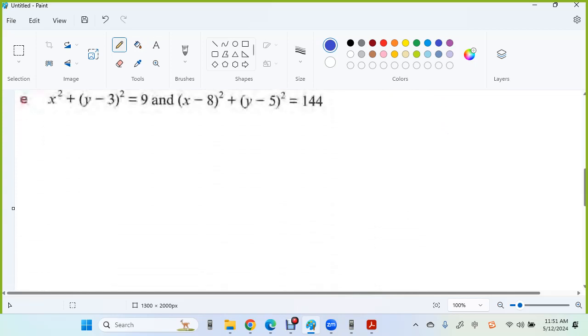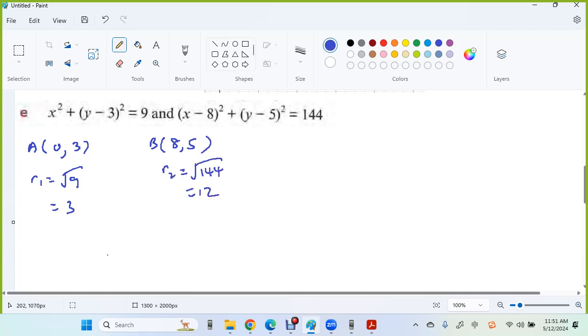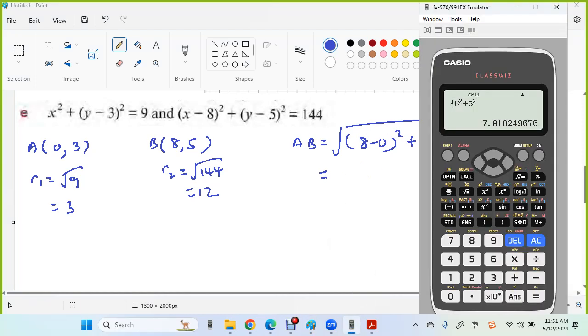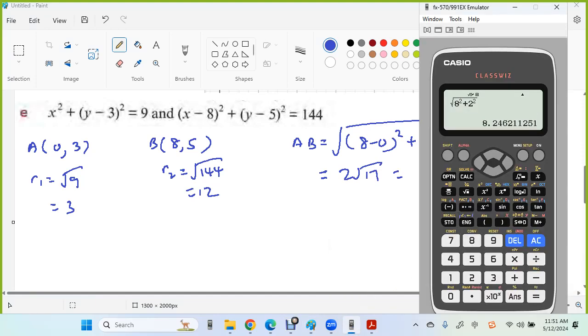Okay, next we do the last one. So A is (0, 3), and R1 is the square root of 9, that is 3. Then B is (8, 5), and the radius is the square root of 144, which is 12. And then AB will be (8 minus 0) squared plus (5 minus 3) squared. So 8 squared plus 2 squared, the square root of which is 2 square root 17, which is 8.2.